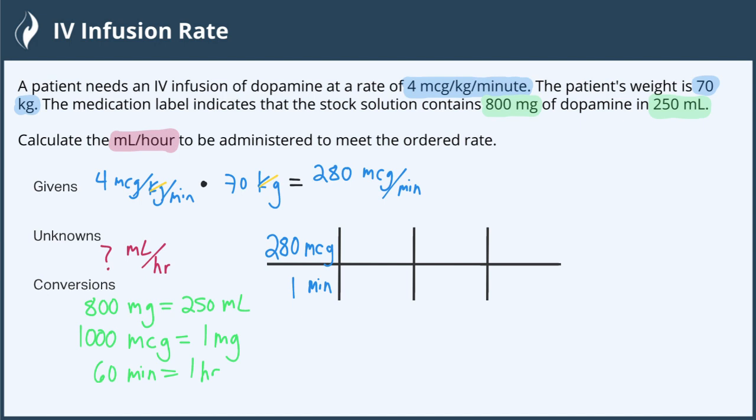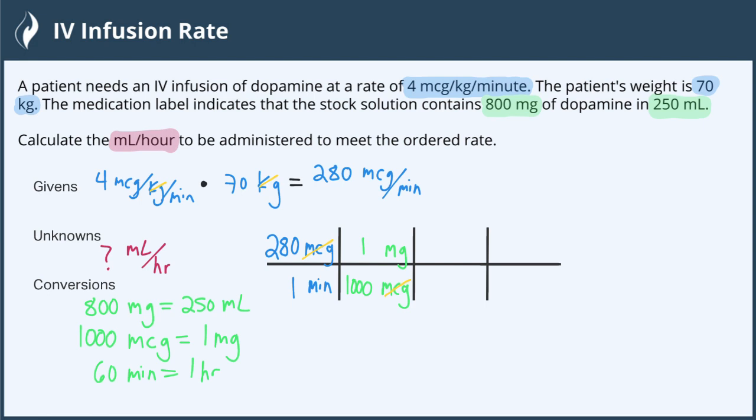Because our given already has micrograms on the top, we are going to write our conversion rate with micrograms in the denominator, which means milligrams goes on the top. So we have 1,000 micrograms for 1 milligram. We see micrograms do cancel. Now we can use that first conversion from the problem, because we have milligrams in our dimensional analysis.